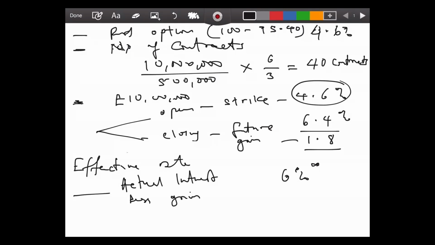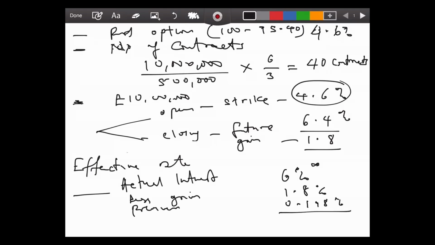The gain will reduce your net cost. So less gain of 1.8%. The premium for September futures is 0.198%.